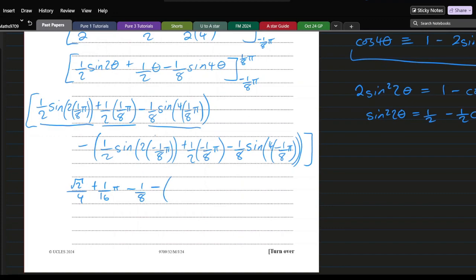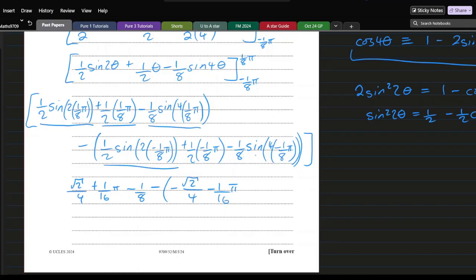So that's half sine, that's negative 1 over 4 pi, and this part gives us negative root 2 over 4. Okay, then we've got half times negative 1 over 8 pi, so that's negative 1 over 16 pi.